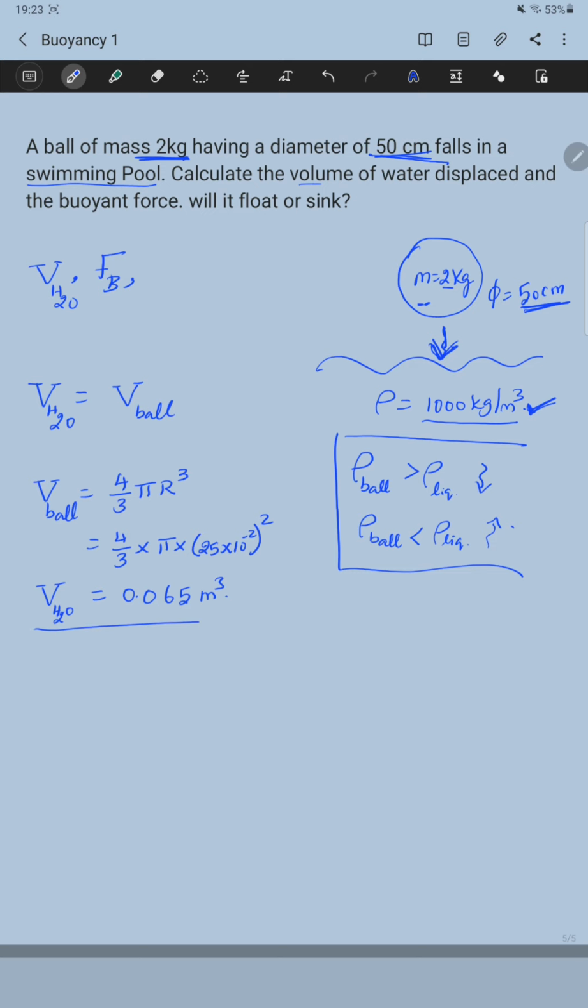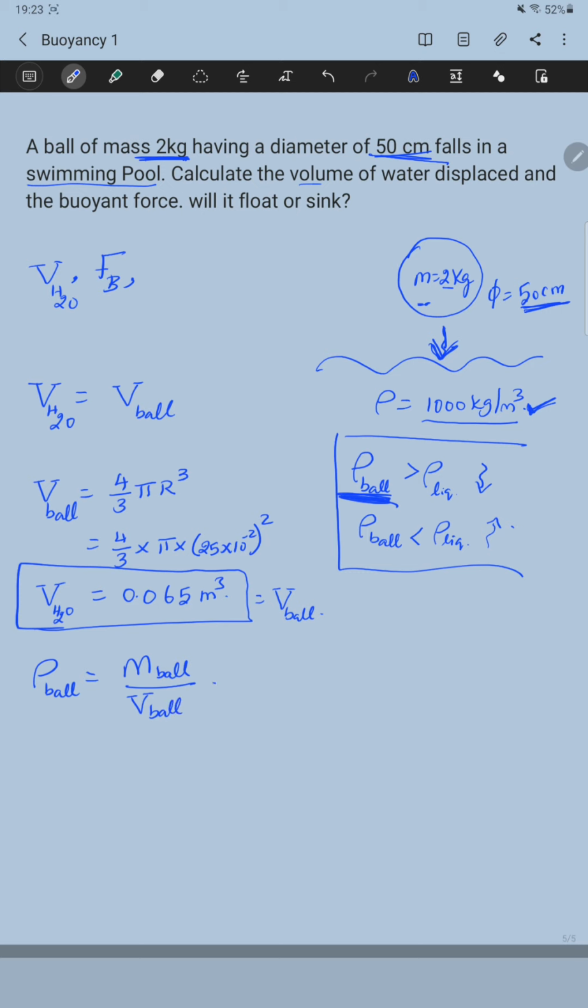So this is the volume of the water displaced, which is nothing but the volume of the ball. Now, how to find the density of the ball? Because if we can find the density of the ball, we'll be able to say if it will float or not. We know the volume, and we are given the mass. So the density of the ball equals the mass of the ball divided by the volume of the ball.